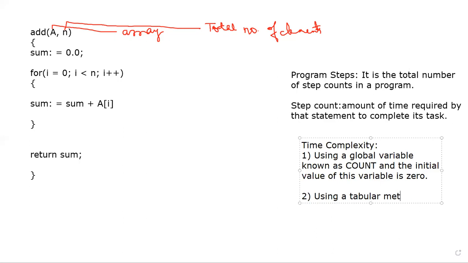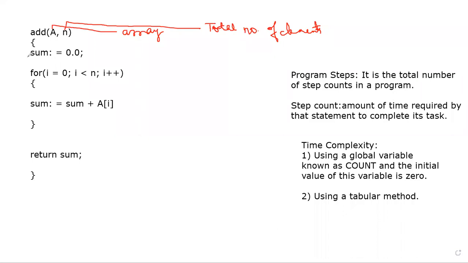I will be explaining each of these methods one by one. So first I am going to explain how you are going to calculate the time complexity using the global variable known as count, whose initial value is 0. Let us see how you are going to calculate this.